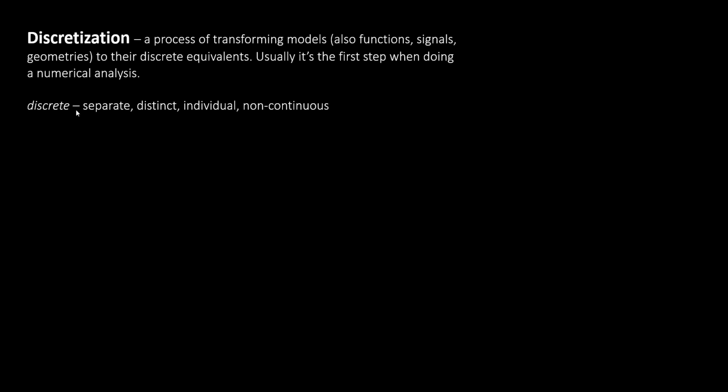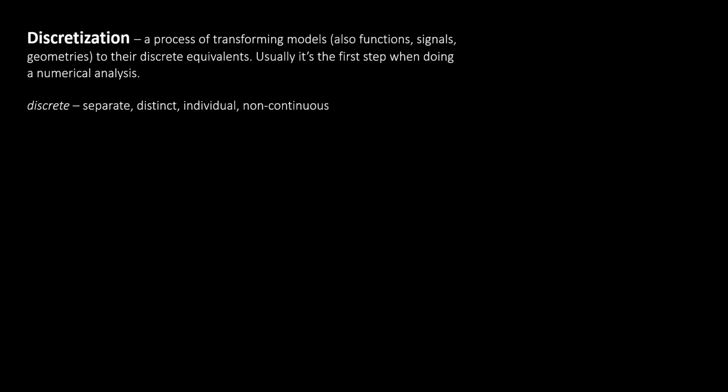What is a discrete element, and what does it mean to discretize objects? Basically, you change the continuous into something segmented. So instead of a continuous curve, you have a segmented polyline, or instead of a continuous NURBS surface, you have a segmented mesh. That's what discretizing is.